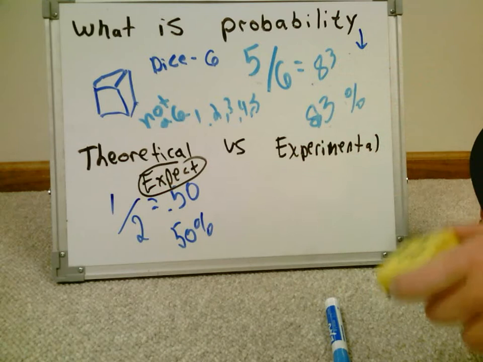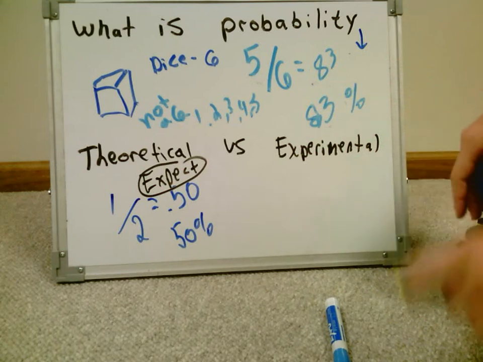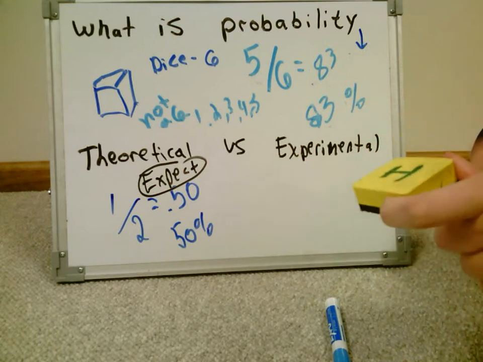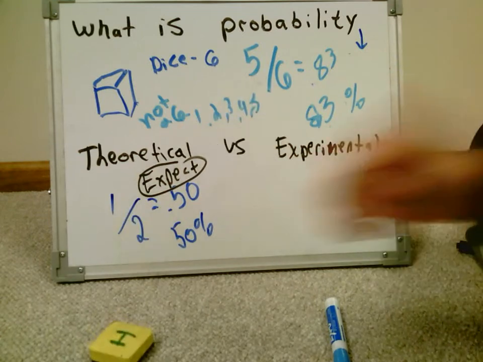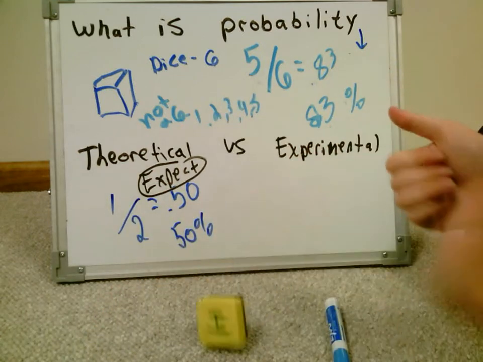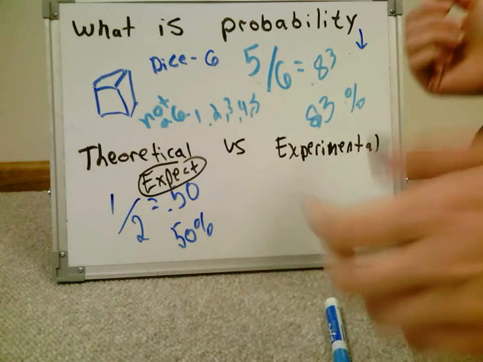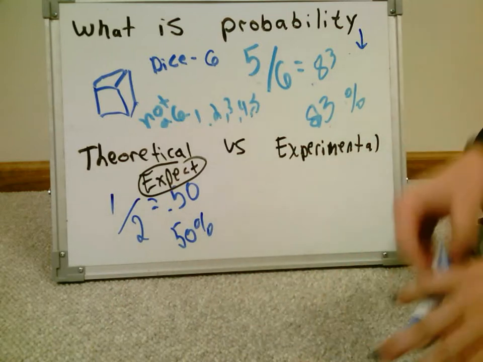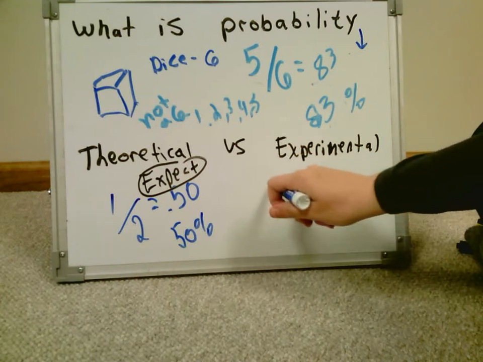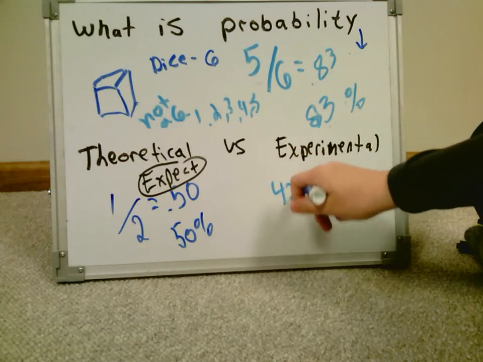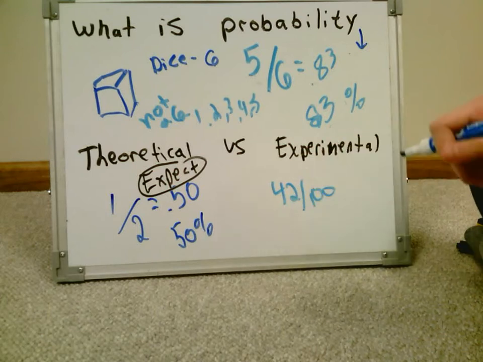Experimental is if I were to say, hey, out of 100 flips, how many times do I get heads? So I'd sit here and I'd flip it 100 times, and I would figure out that maybe out of 100 flips, I have 42 heads out of 100.